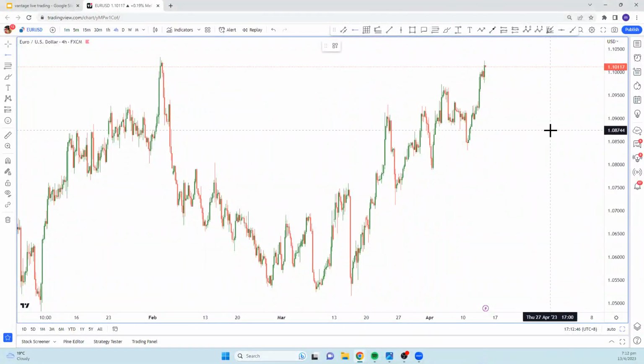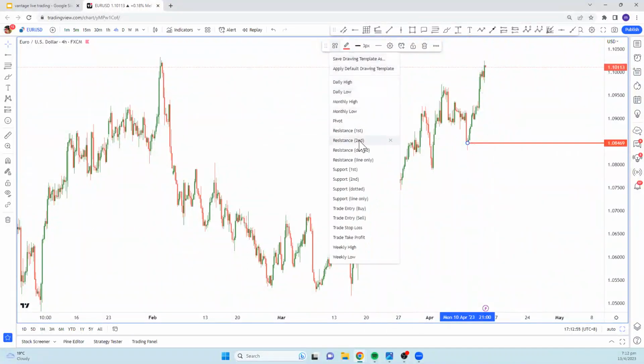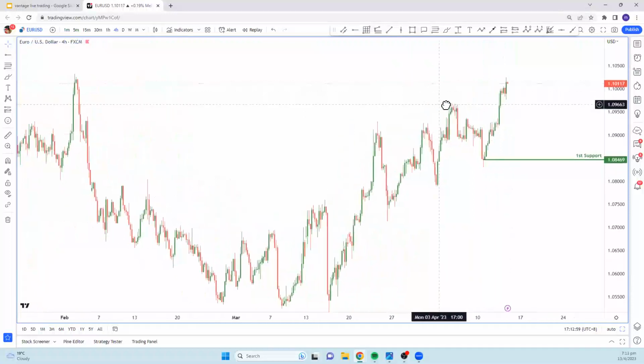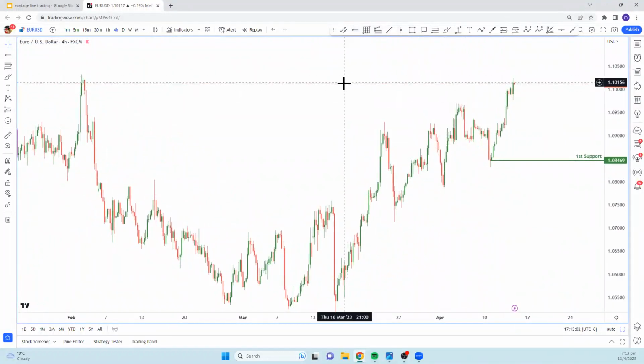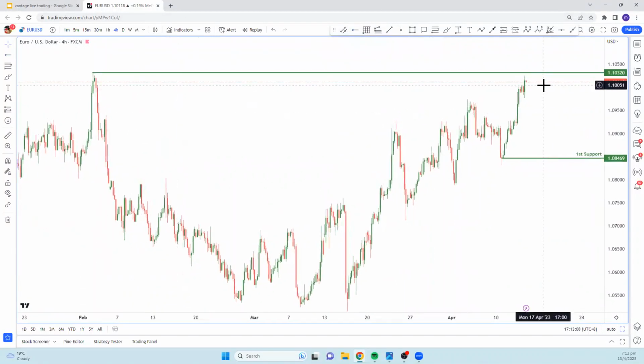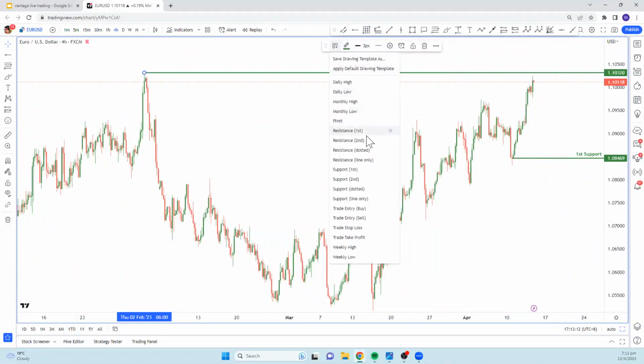Firstly, we'll plot our first support level, which would be the closest swing low to where price is currently at, just over here. Then our swing high is over here, the closest swing high to where price is currently at, and we can see price heading towards our resistance level over here. First resistance.